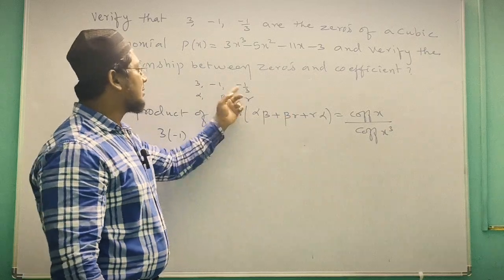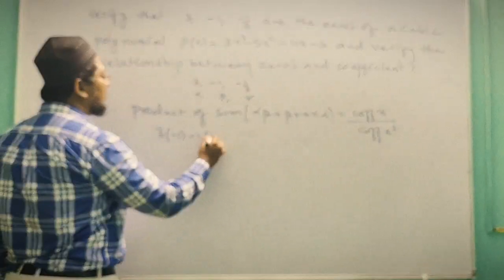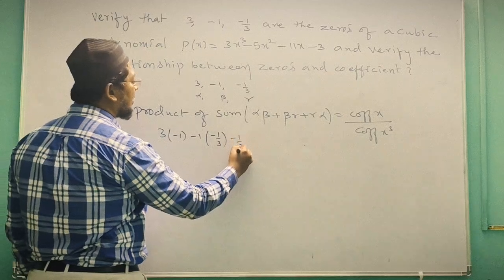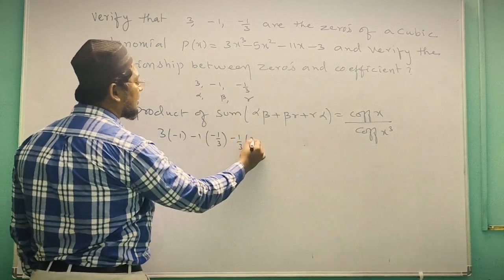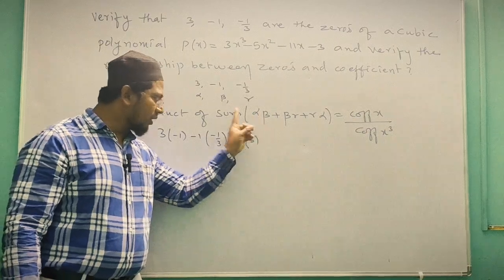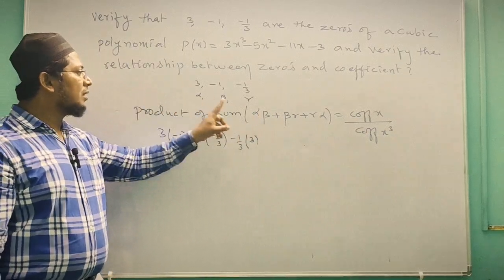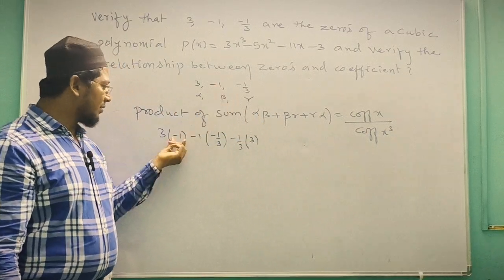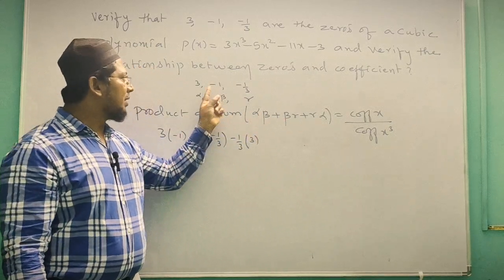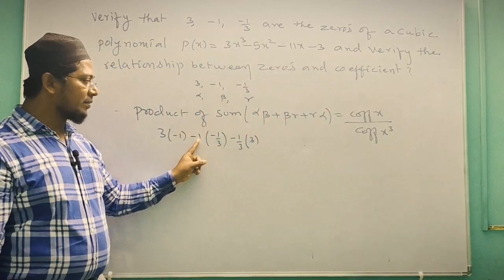Beta gamma, second and third, minus 1 into minus 1 by 3. Gamma alpha, minus 1 by 3 into alpha. What is alpha, sir? 3. See again, alpha into beta. What is alpha, sir? Alpha is 3. What is beta, sir? Minus 1. We write in the bracket, plus beta. Beta is minus 1, plus into minus, minus 1 here.